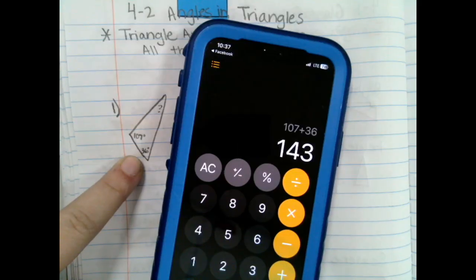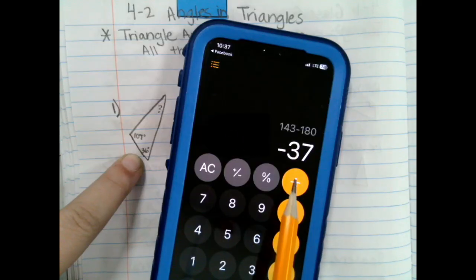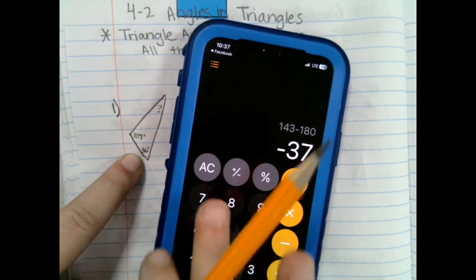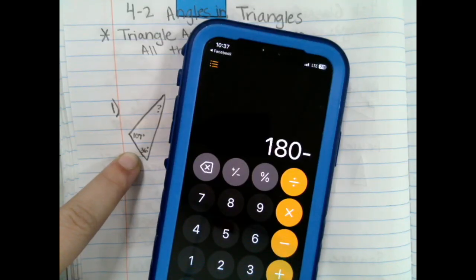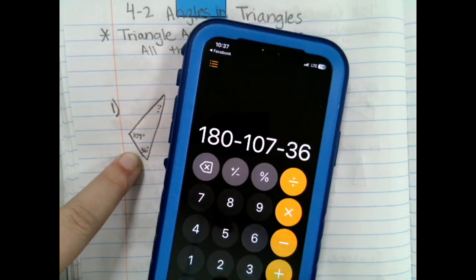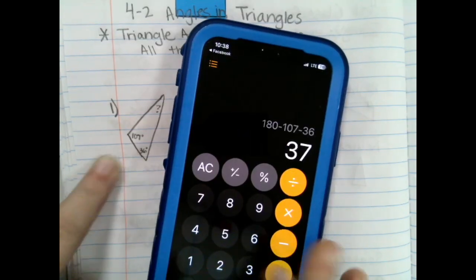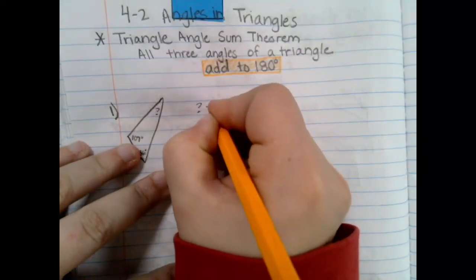Then what do we do with that amount? Subtract them from 180. Okay, and we get 37. What's another way we could do it? Just take 180 and subtract 107 and subtract 36. And we get 37. Either way, that question mark is 37.